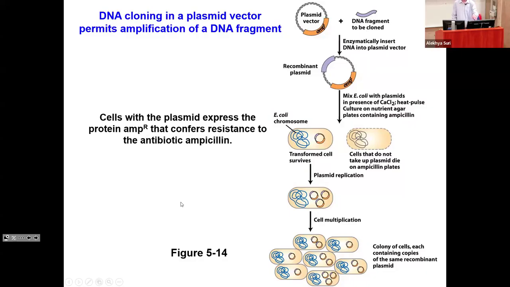And what the ampicillin resistance gene does is it will digest the antibiotic. The antibiotic, ampicillin, would interfere with the cell wall synthesis.